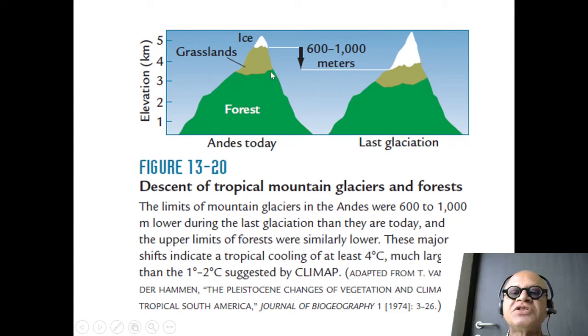There is evidence buried in vegetation and so on in the Andes from the last glaciation. The glaciers on this mountain came down by 600 meters to a kilometer compared to where we are today.